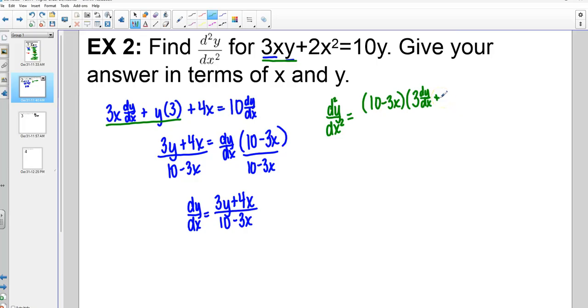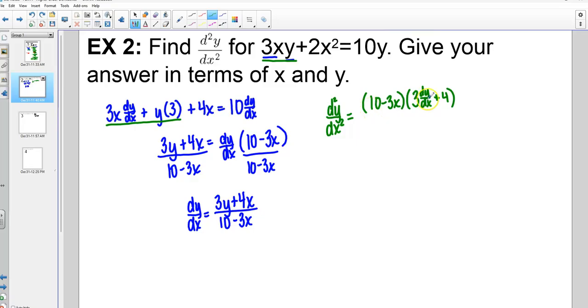Almost always, because usually whenever you do the first derivative, you end up with a fraction. If somehow you did not end up with a fraction, then you wouldn't have to do the quotient rule. You might have something else to deal with there, but most of the time you end up with a quotient rule on the second part. And then the derivative of 4x is just 4.